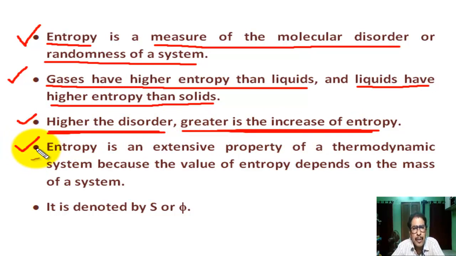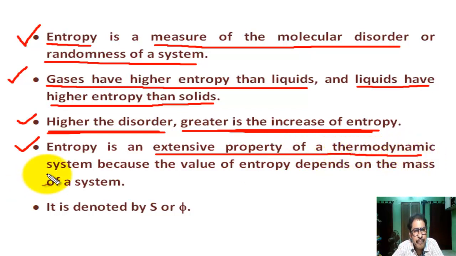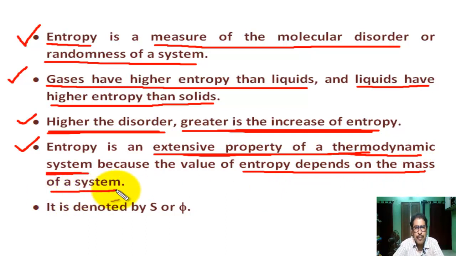Again, we can say entropy is an extensive property of a thermodynamic system. What is an extensive property? Because the value of entropy depends on the mass of a system.